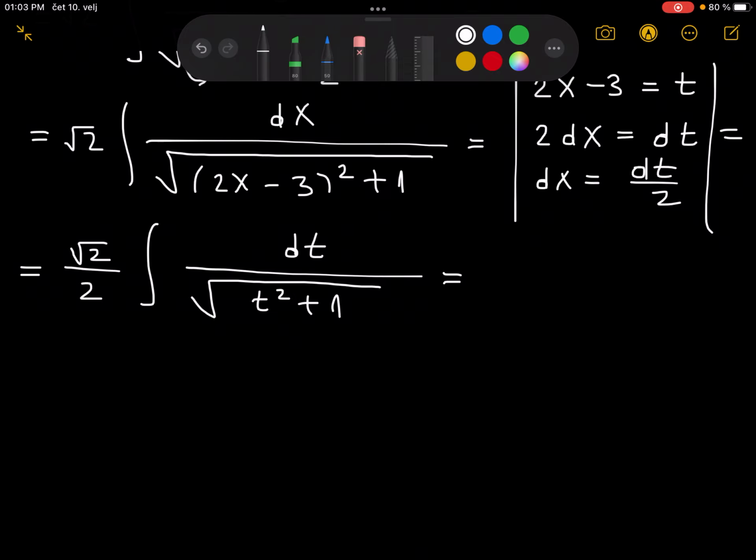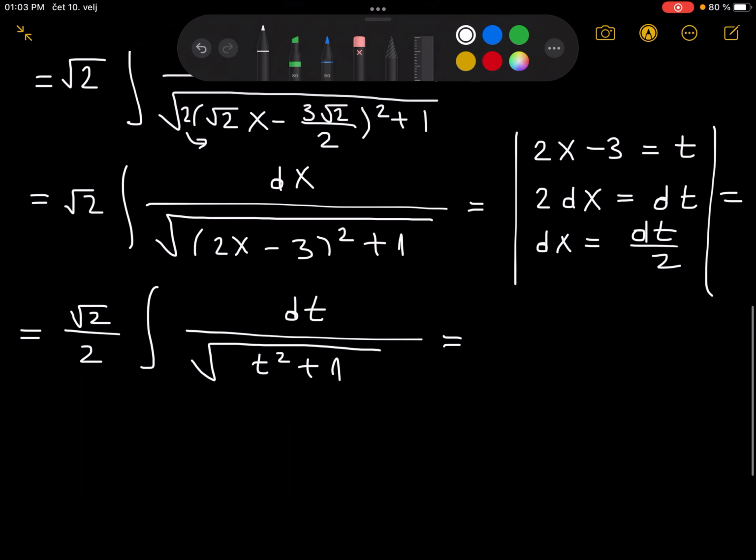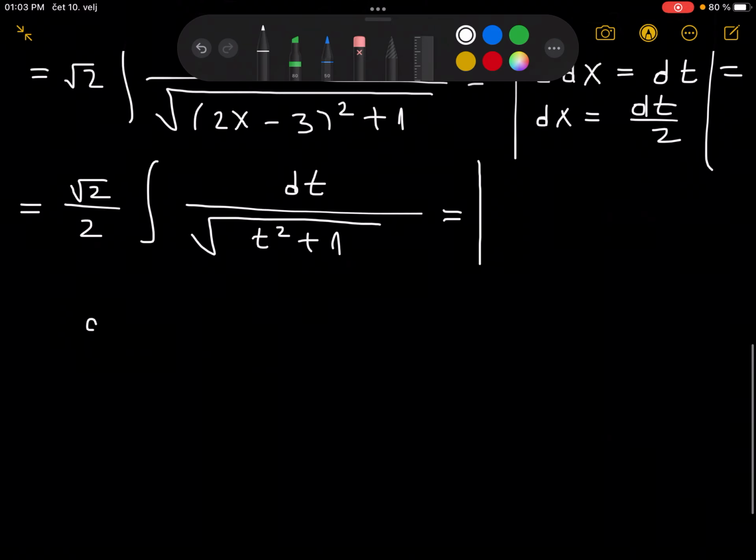Well, we can do something more. We can actually use a hyperbolic substitution. So we know that the hyperbolic cosine of x squared minus the hyperbolic sine of x squared is equal to 1.